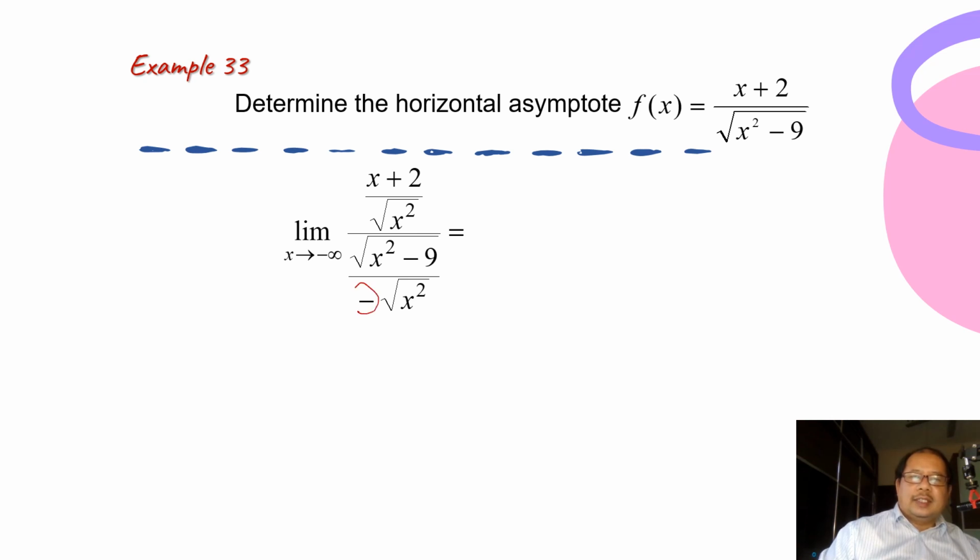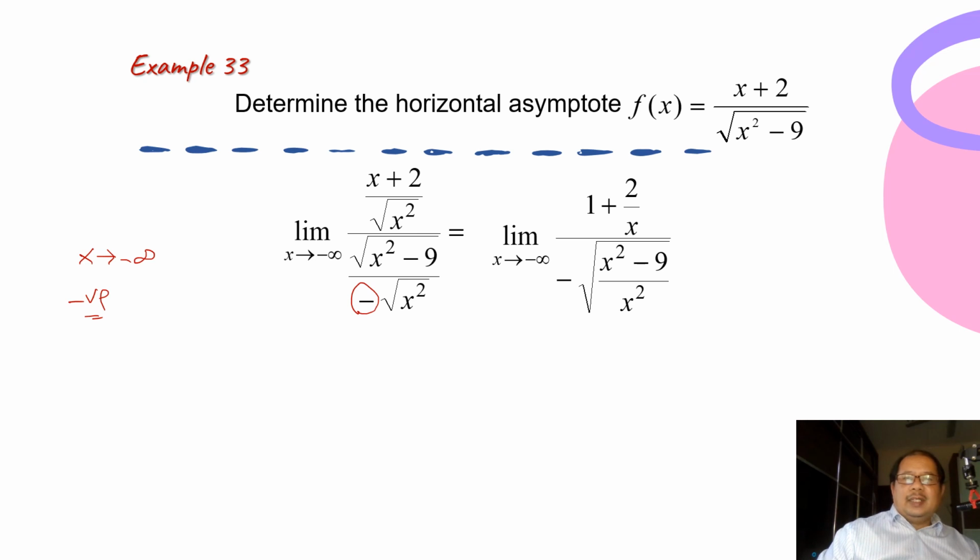Bila soalan tu melibatkan square root, oleh kerana x pergi ke negative infinity, maka nilai x itu adalah negatif. Jadi kita tulis dekat situ adalah negatif.